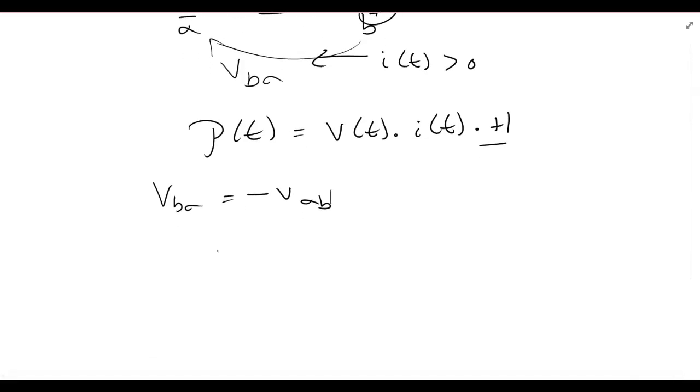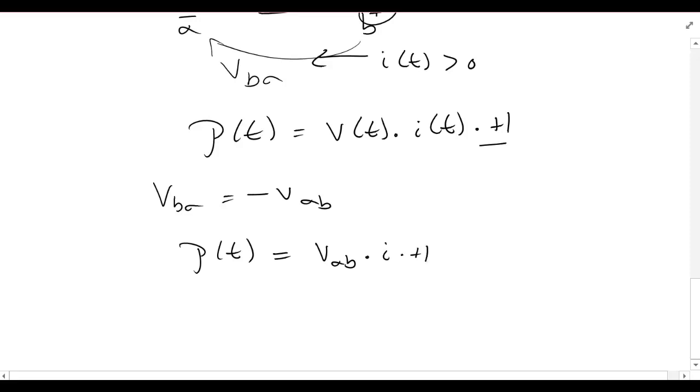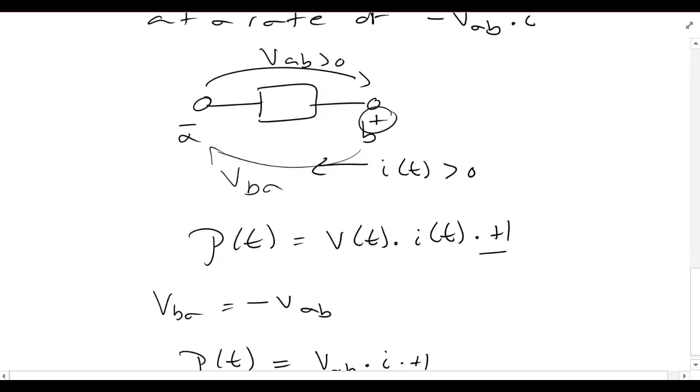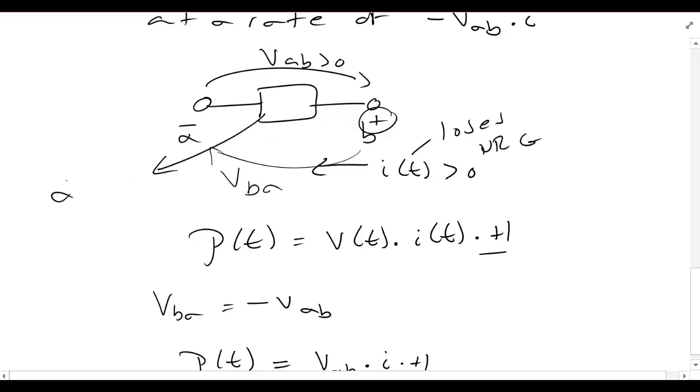So power of t in this particular case is going to be VAB times I times positive 1. Why? The current is entering the high energy terminal and leaving the low energy terminal, which means the current loses energy and the element absorbs energy.